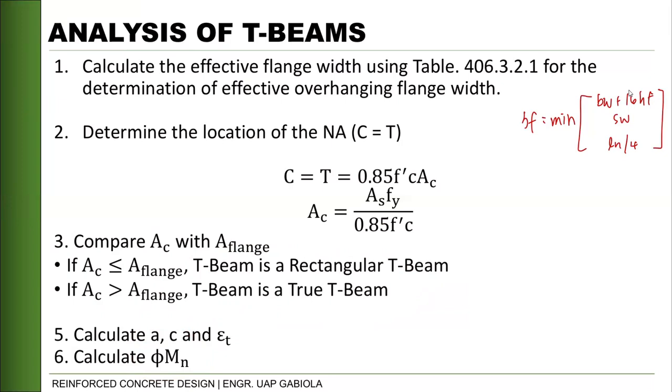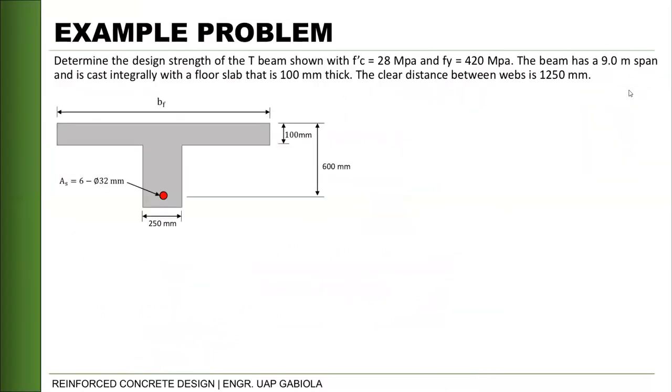So let's try to solve two examples to demonstrate how these steps will be used dun sa ating analysis ng T-beams. Okay, so let's have the first one. So determine the design strength of the T-beam shown with f'c equals 28, fy is 420. The beam has a 9.0 meter span and is cast integrally with a floor slab that is 100 mm thick.